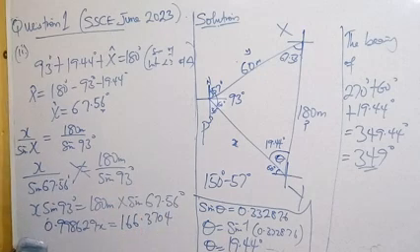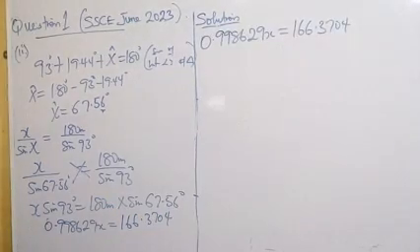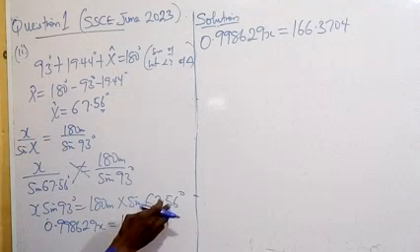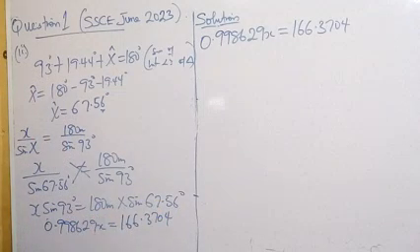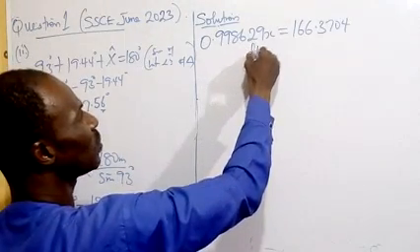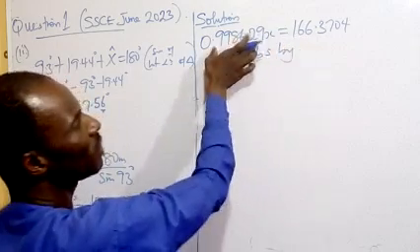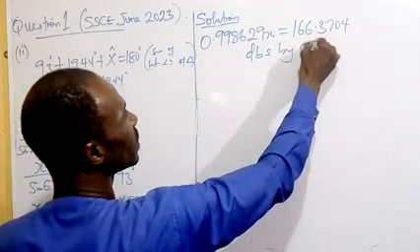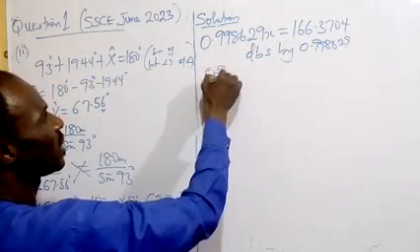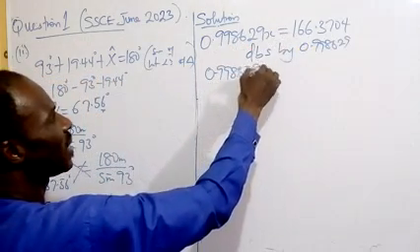At this point, we can simply divide both sides by the coefficient of x, which is 0.998629.